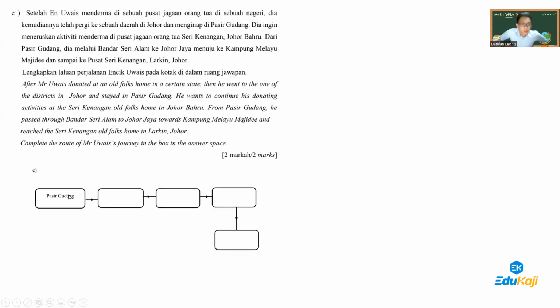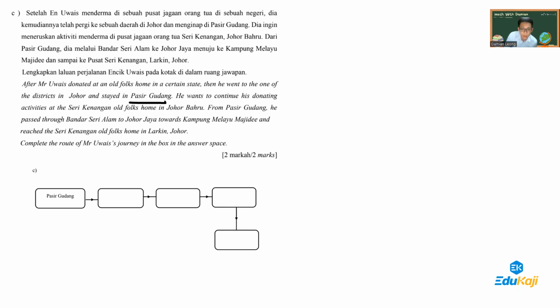Part C. So complete the route for Mr. Wise's journey. So basically, Mr. Wise donated to an old folks home in a certain state. Then he went to one of the districts in Johor state, Pasir Gudang. So he wants to continue his donating activity at Sri Kenangan Old Folks Home in Johor Bahru.